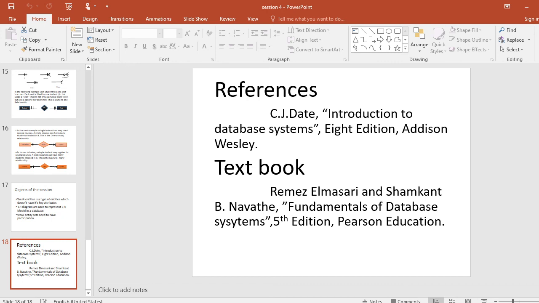First one is C. J. Date, Introduction to Database Systems, 8th edition, Addison Wesley. This is a book for referencing the creation of ER models for different databases in database management systems. Many textbooks are available. Next is Ramez Elmasri and Shamkant B. Navathe, a textbook, Fundamentals of Database Systems, 5th edition, Pearson Education.